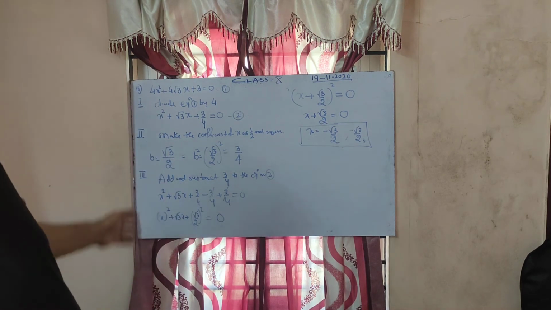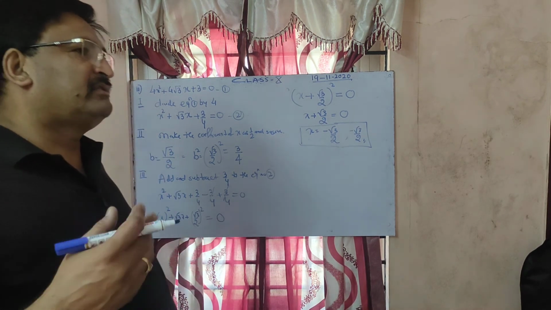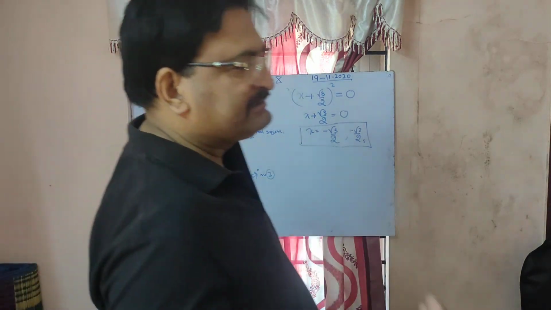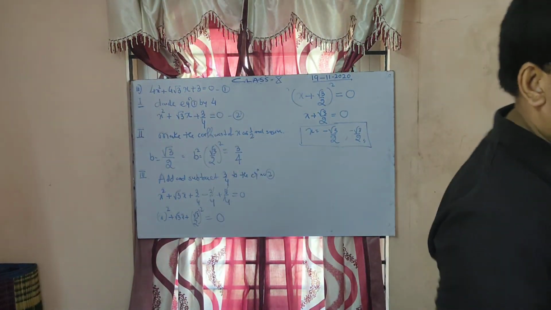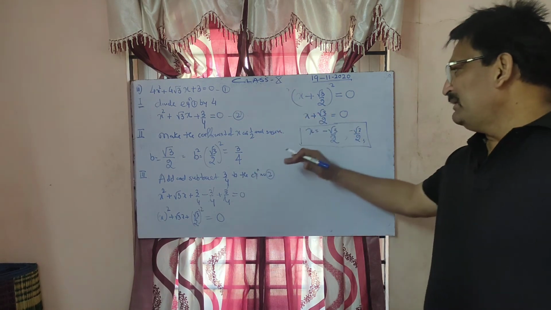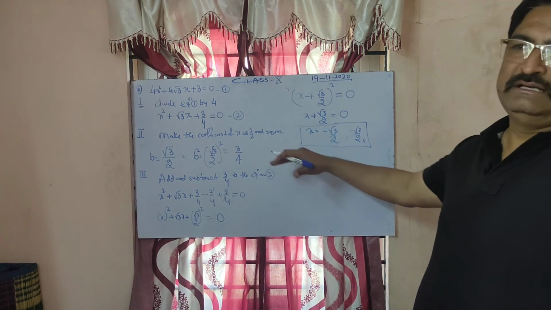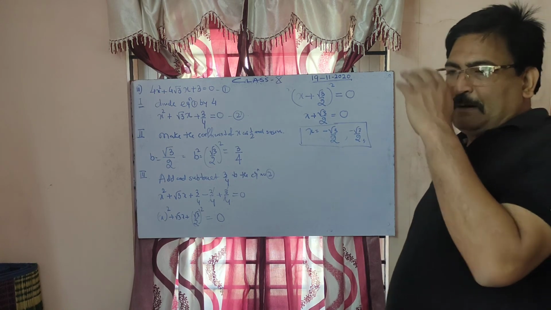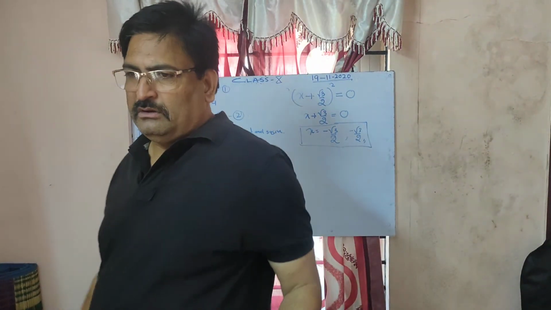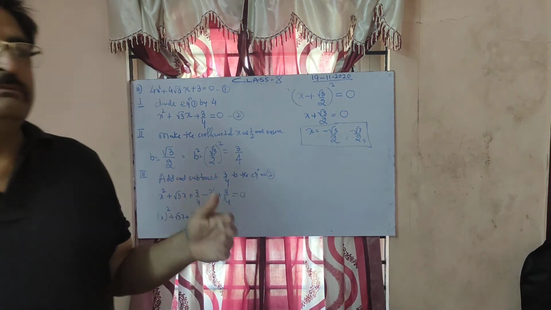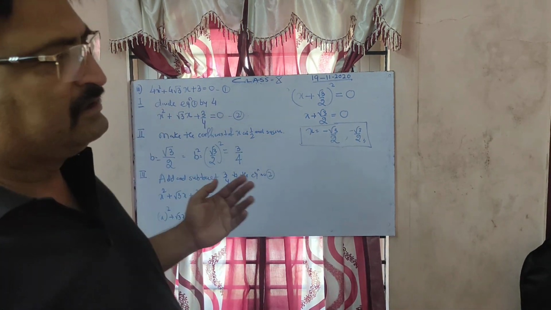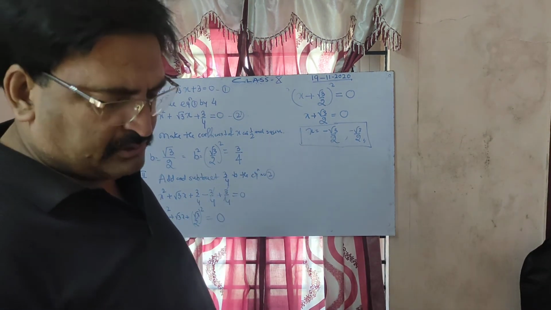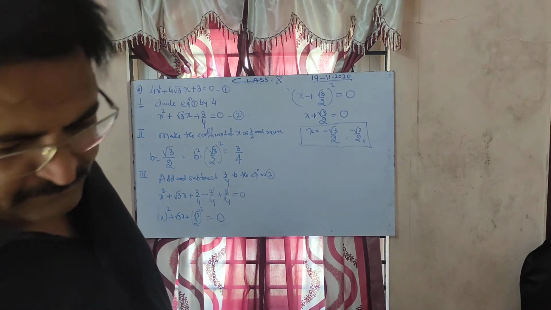You could see that this example is completed in only half a page, whereas the previous example was completed in a complete page. So while you do more and more examples like this, it will be easy for you.